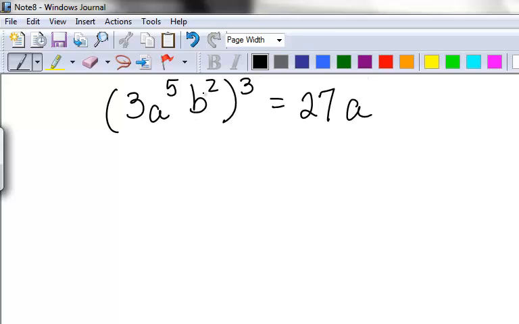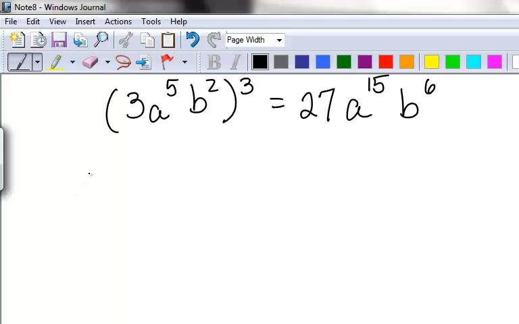Raise a power to a power, multiplying: a to the 15th, b to the 6th. So 3 to the third power is 27, and then raise a power to a power, a to the 5th raised to the third, you multiply. Okay?